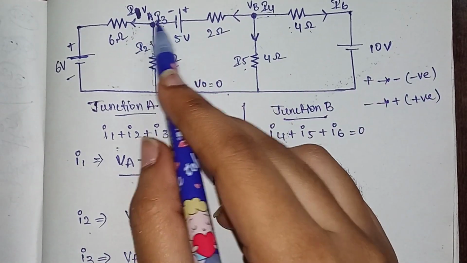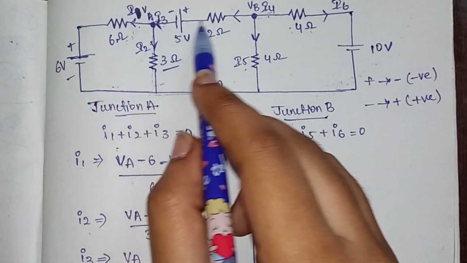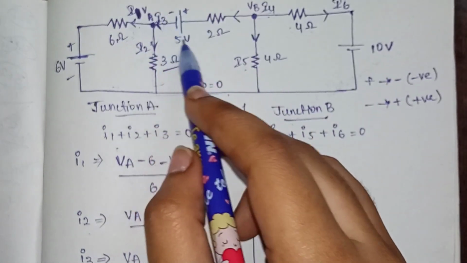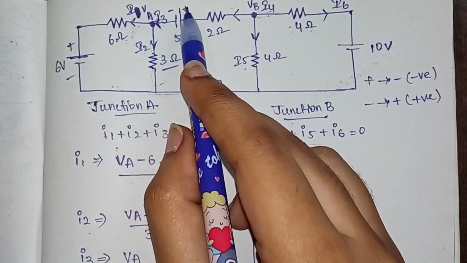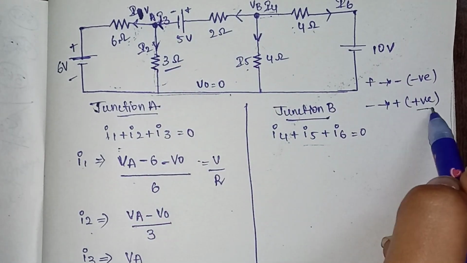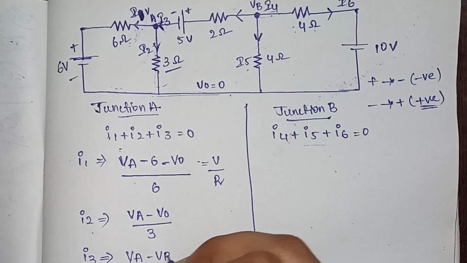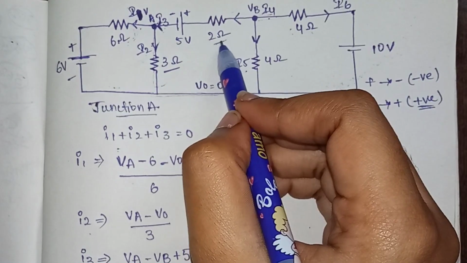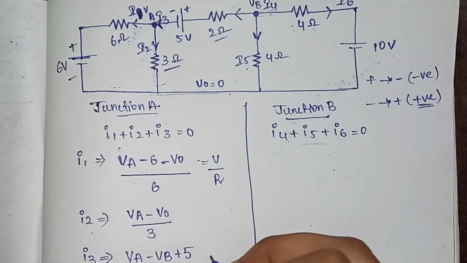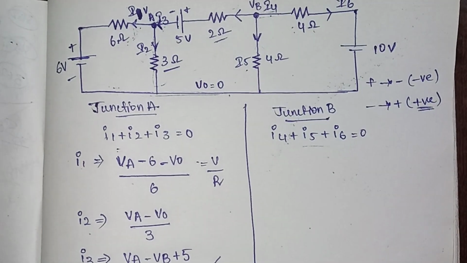If we are considering this particular case, when the current is moving from this direction to this direction, we are having a voltage here. And the current is flowing from negative to positive, which means you need to consider it as positive. So VA minus VB plus 5 by, and what is the resistance you are having? 2. So this will be your I3. This is the equation for junction A.